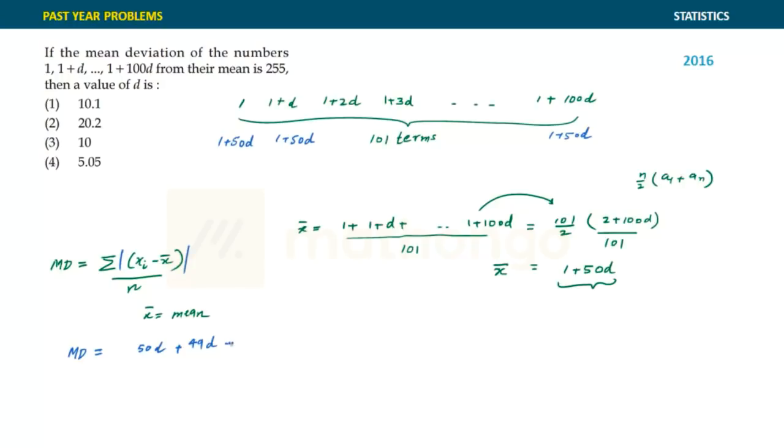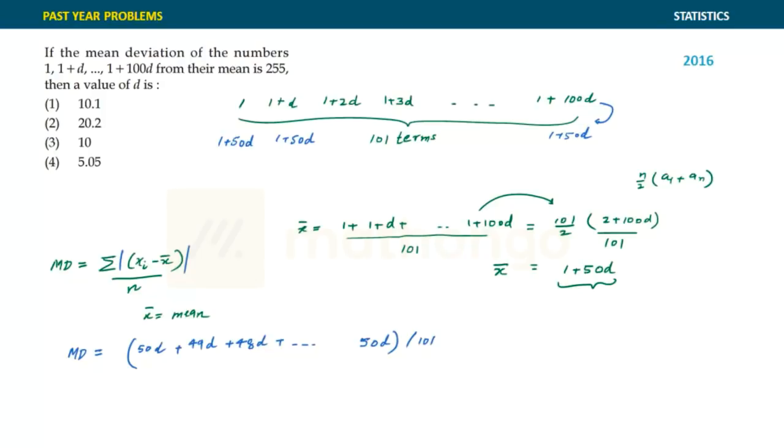Then obviously by the pattern we can say the next will be 49d, after 49 will come 48, and so on the series will go. The last difference will again be 50d, and you have to divide all of this by 101 because that is the number of terms. Can you see this question now reduces to another AP problem?